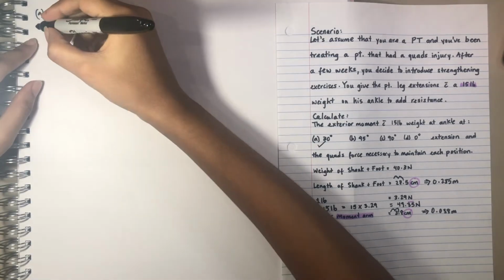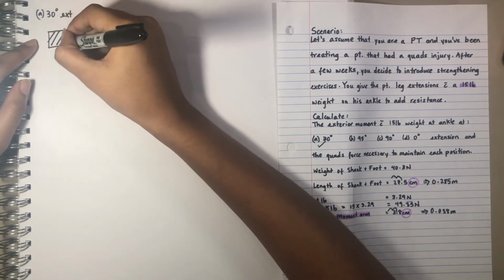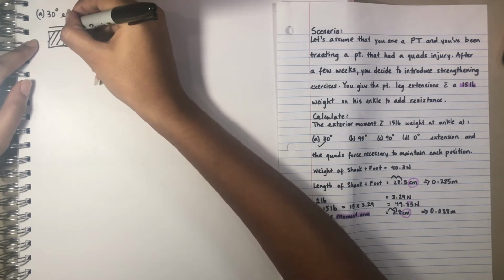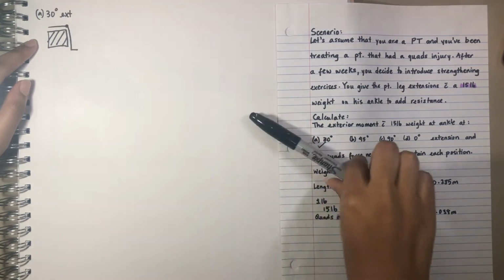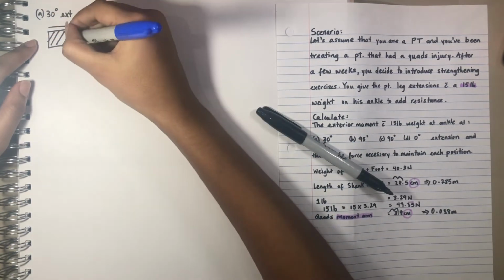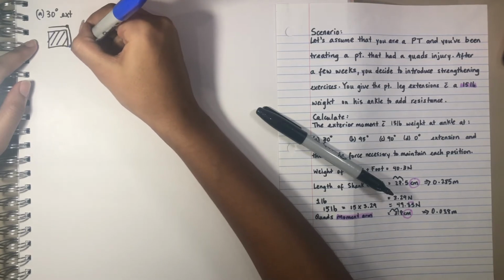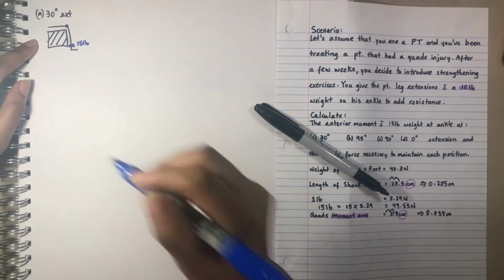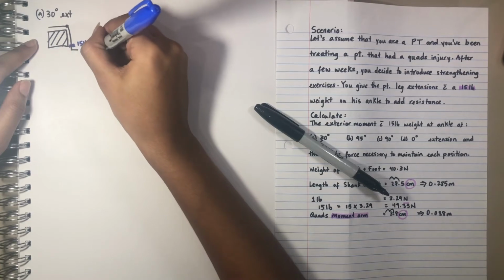We could put here a block or a chair, whatever it is, and this would be the person's quadricep, and their foot would come down here, and we've placed a 15-pound weight, which we calculated over here is actually 49.35 newtons.